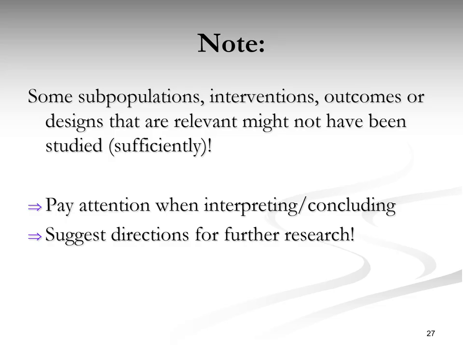So it's important that you take this into account when you make interpretations or draw conclusions. But it can also be an important role of a meta-analysis or a systematic review to give an overview of what has been studied yet and what was not studied yet. So based on your systematic review, you can suggest directions for future research.